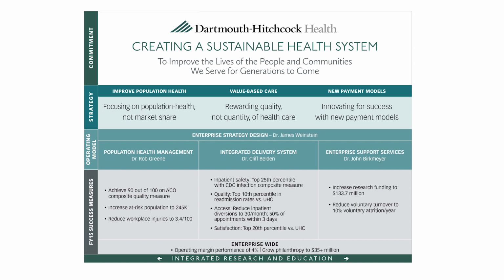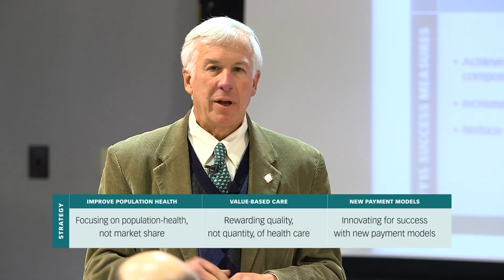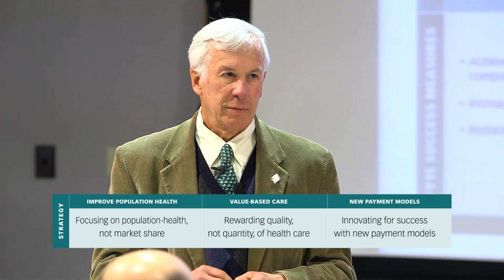So in your case, pediatrics, in Cliff's case, radiology, in John's case, surgery, in my case, orthopedics. What do the communities we represent actually have as health needs and health care needs?